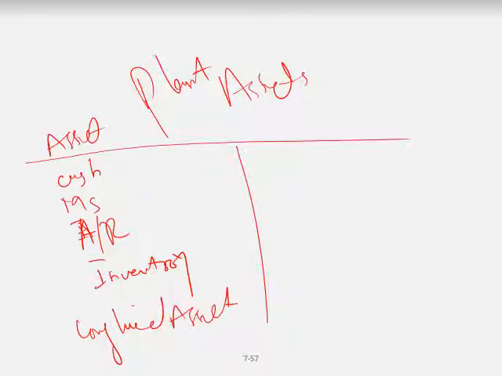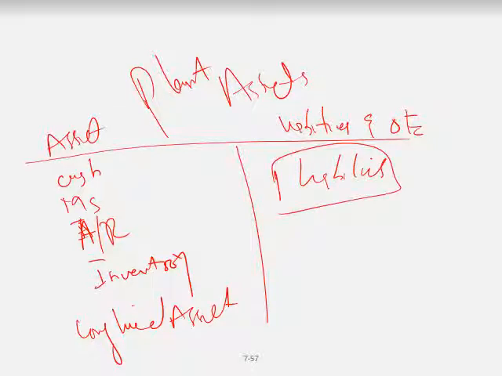And on the right hand side we have liabilities and owners' equity. So first one is liabilities. So let's talk about how we're going to treat liabilities in the accounting system.